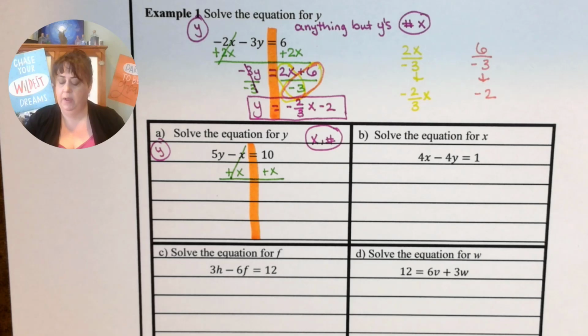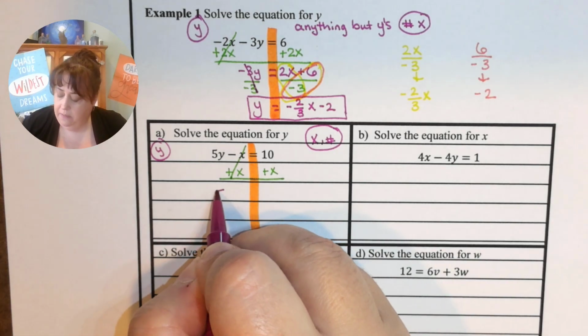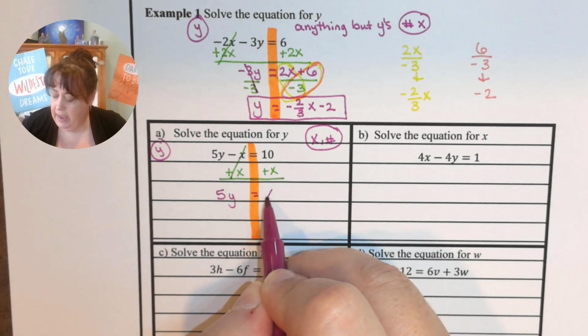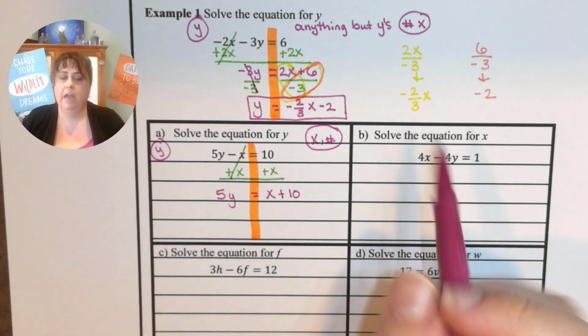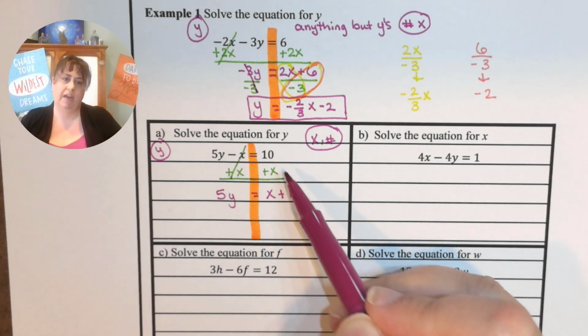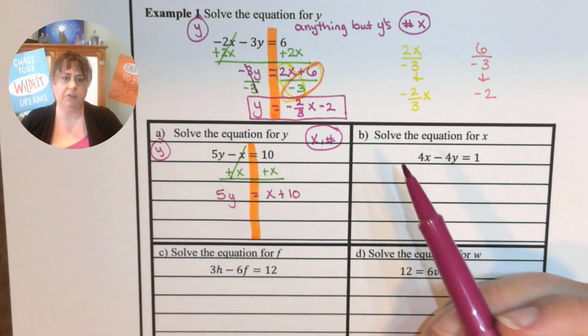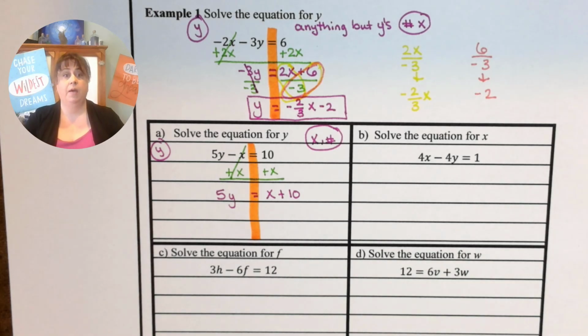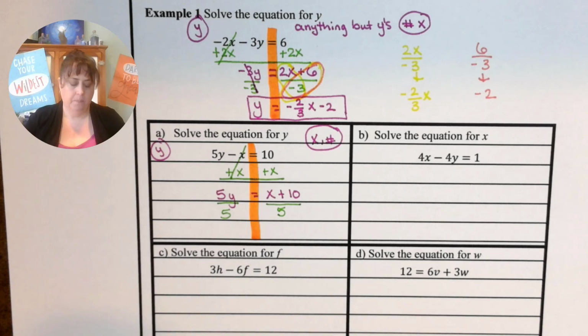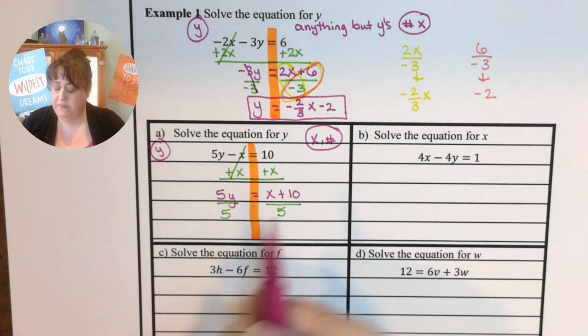So we're left with 5y equals x plus 10. And you might wonder why I'm not doing 10 plus x, because that's how you would have read it down. It's because we put our variables first. So now the 5 doesn't belong, so I need to divide both sides by 5. Both terms have to be divided by 5.